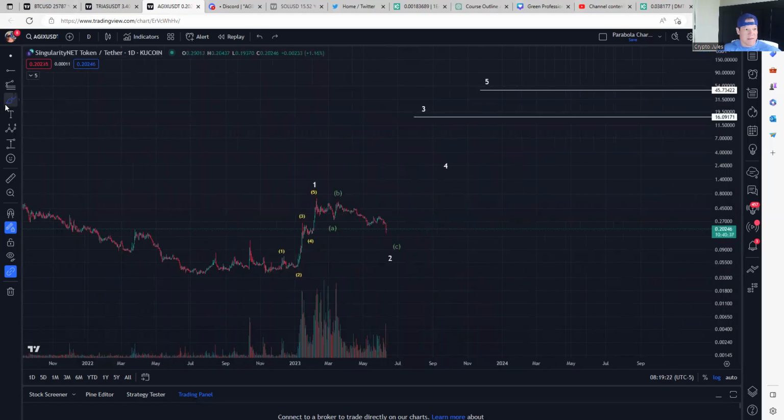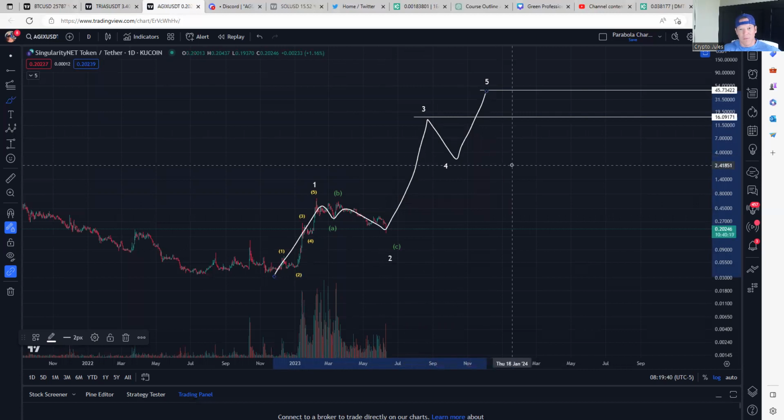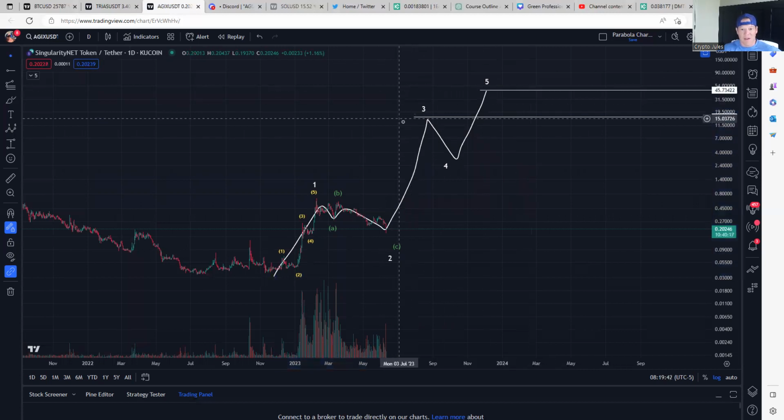So what we really need to see right now is this one wave. I've got us working on this A, B, C, and I will dive into the details on that C wave and where I anticipate it bottoming shortly, and then possibly a 3-wave up, and then a 4-wave, and then a final 5th wave, which could take us all the way up to $45 to $50 or so. Our 3-wave would take us up to about $16, and our 5-wave would take us up to about $45, $50.